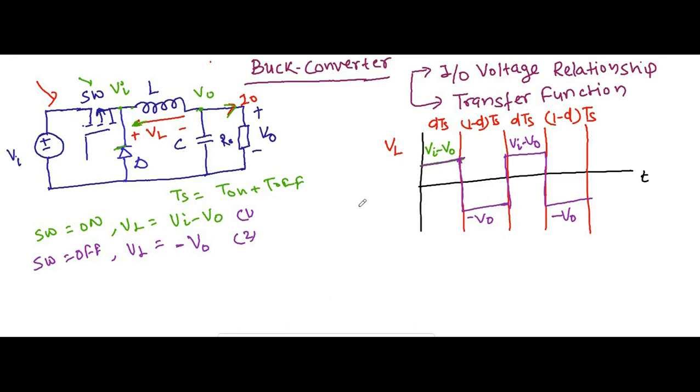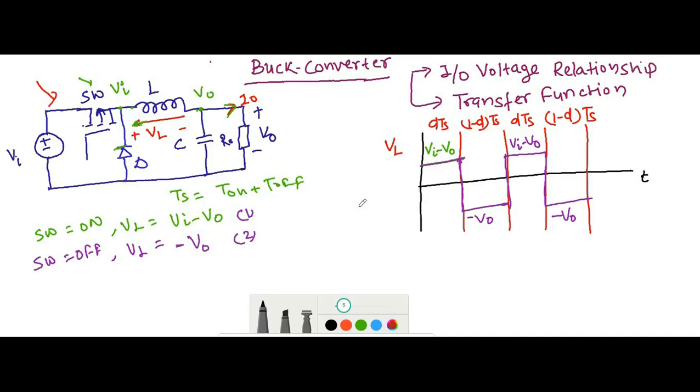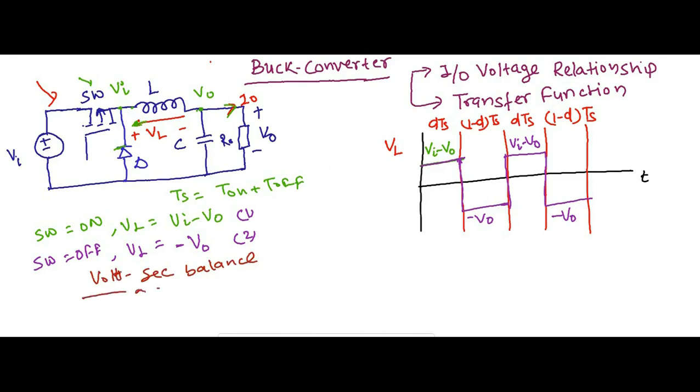Now if you know the volt second balance, let us apply it to find out the input output relationship. In the last video we understood what the volt second balance is. If you haven't watched that video, please go and watch it so that you can understand better here.